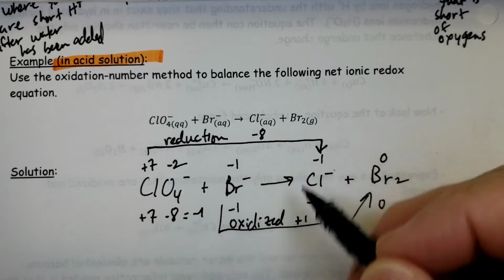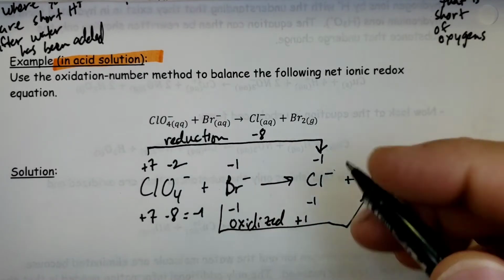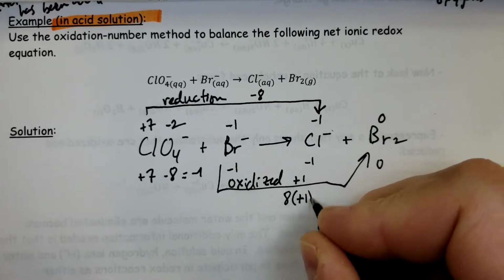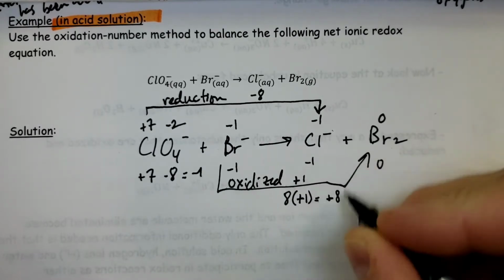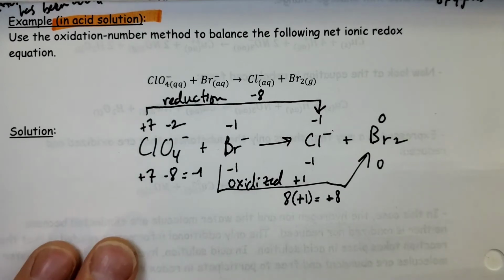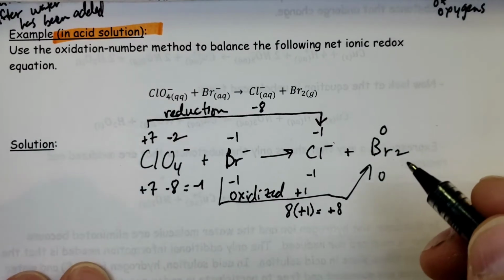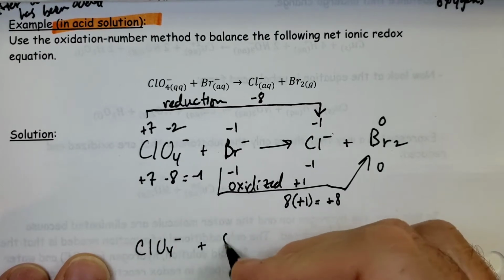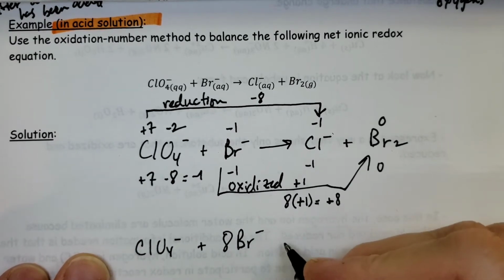So to get this identical, 8 and 1, the lowest common multiple of 8 and 1 is 8, of course. So if I have 8 of these, I'll have these matching now, because remember, whatever's being lost must be gained somewhere else. So ClO4 negative plus 8 bromines.